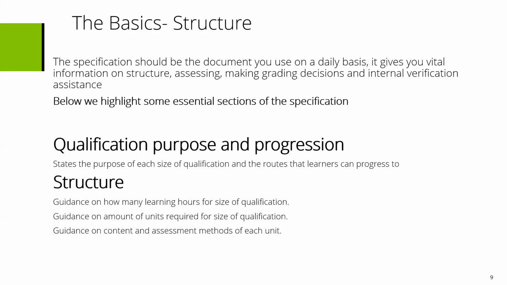There'll be guidance on how many learning hours are needed for your size of qualification and the unit that you're delivering, guidance on the amount of units required for your size of qualification, and guidance on the content and the assessment methods for each of the units.